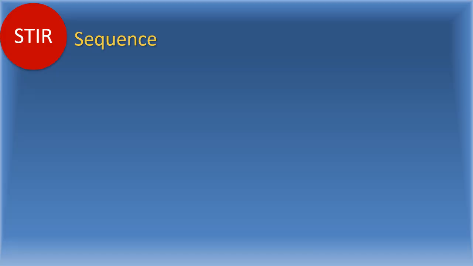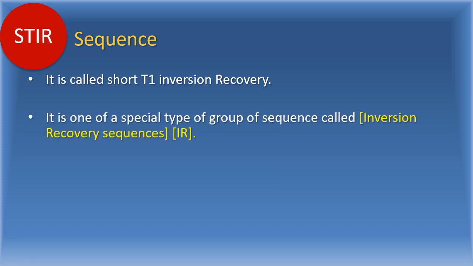So let us talk about the STIR sequence. STIR has a long name: short T1 inversion recovery. It belongs to another group of MRI sequences called inversion recovery sequences. This group has special uses and techniques, and we will give a hint about the common sequences belonging to this group in the coming slides. A STIR sequence has two main advantages.